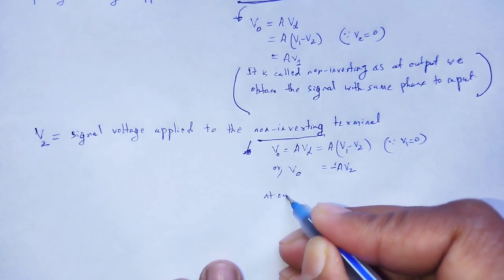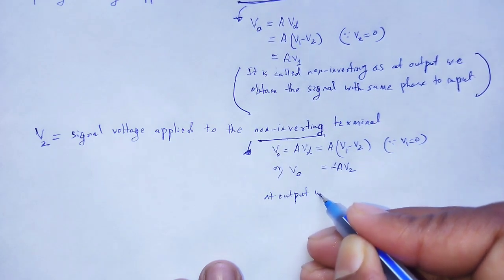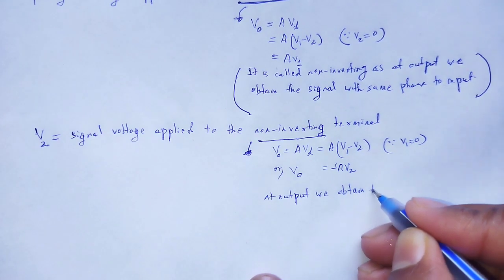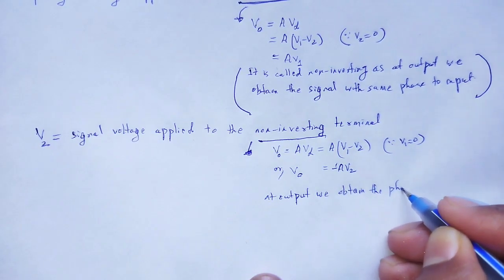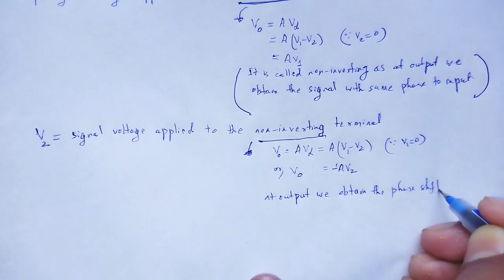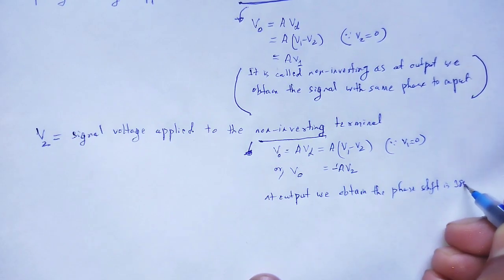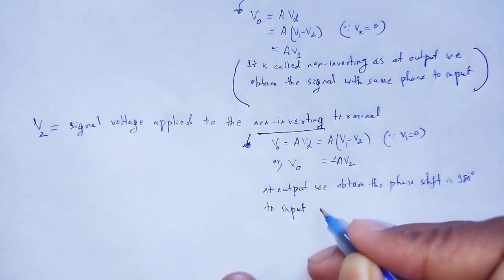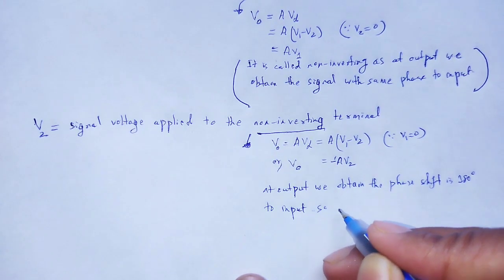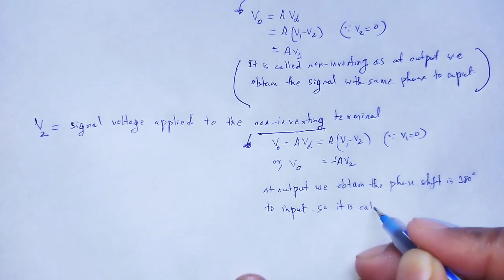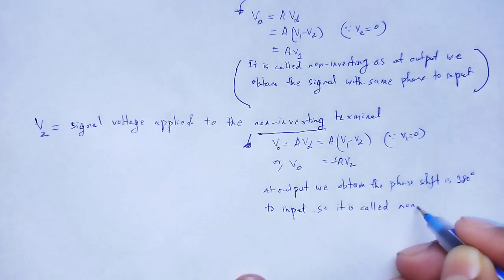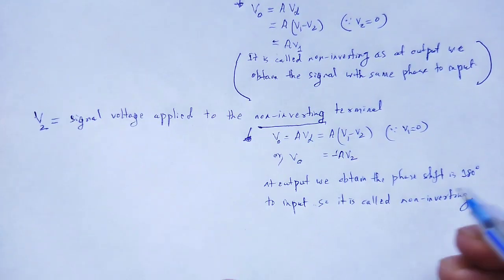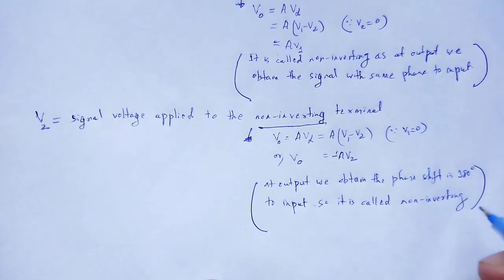At output we obtain a phase shift of 180 degrees to input, so it is called inverting.